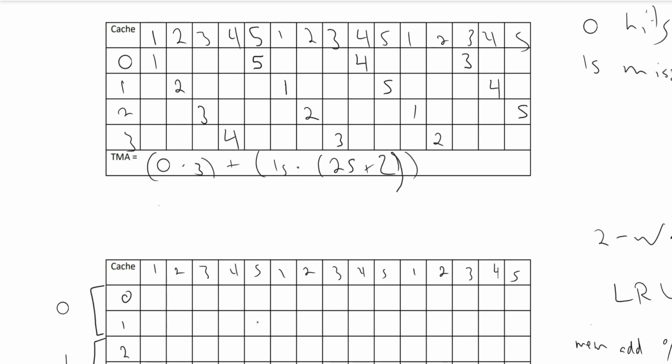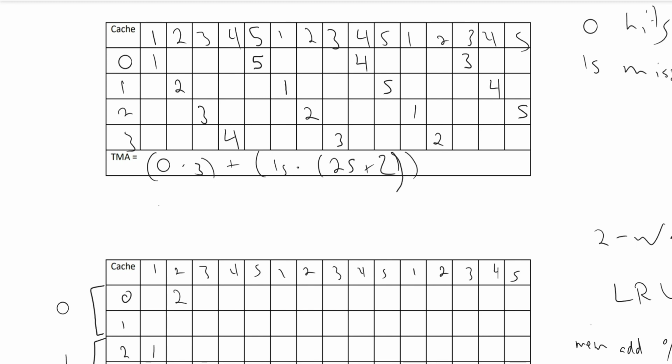So 1 mod 2 is 1. So we put it in here, 1. 2 mod 2 is 0, so put 2 here. 3 mod 2 is 1, so it's this set.